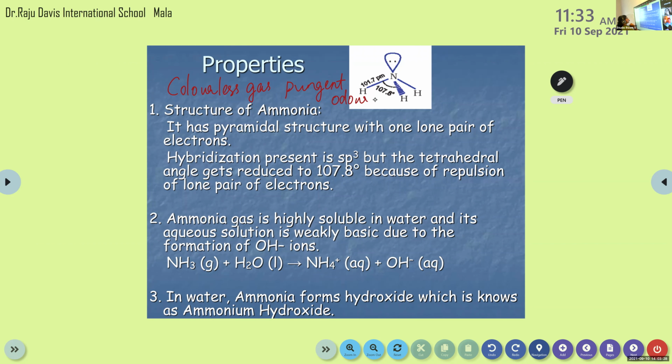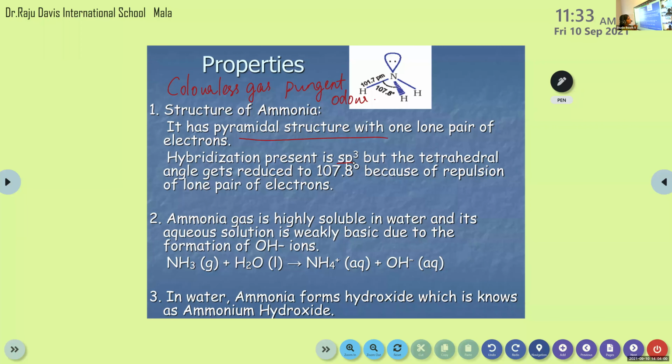And the structure of ammonia: it has a pyramidal structure with one lone pair of electrons. Here you can see the structure of ammonia. It's a pyramidal structure and one lone pair of electrons remains on nitrogen, because the 3 electron pairs are shared with hydrogen, and the remaining pair does not involve in chemical bonding. That remains as a lone pair of electrons. The hybridization present is sp3 because single bonds are there, right?